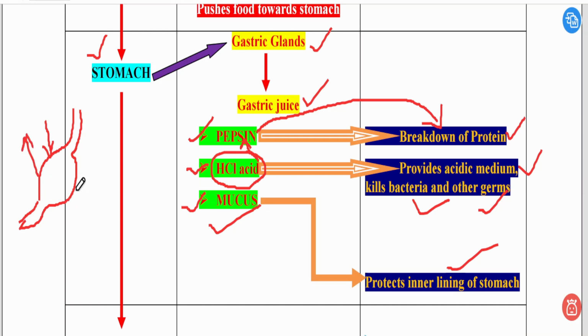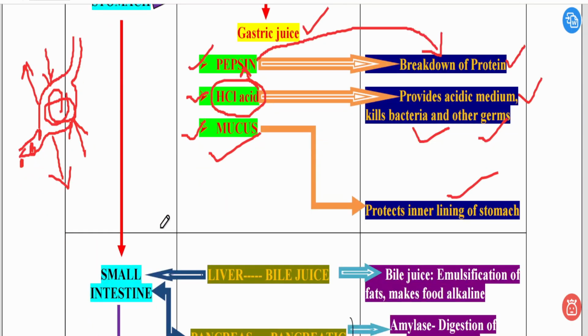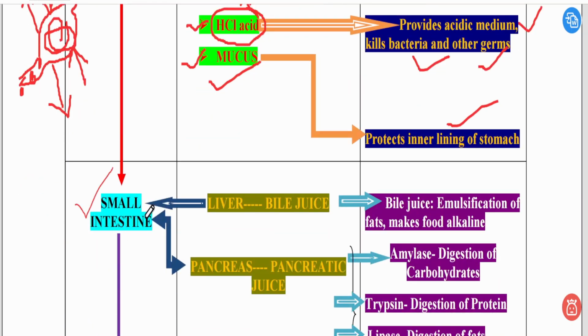So when food particles are being digested here, somewhat digestion or breakdown takes place in the stomach, the contraction and relaxation of the muscles of the stomach will again move the food particles to the forward direction, and then it will reach the small intestine.